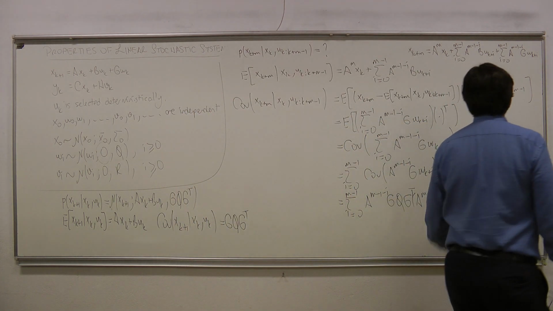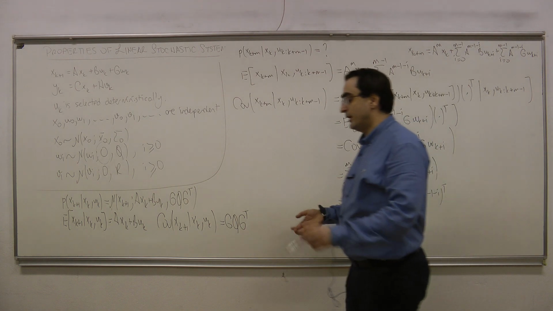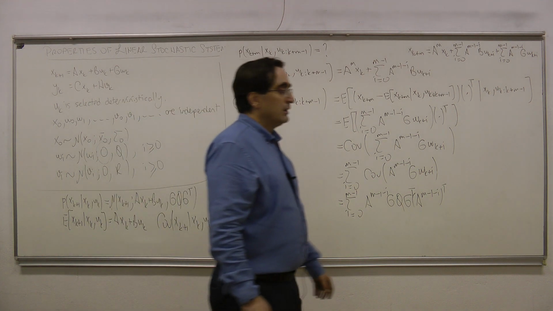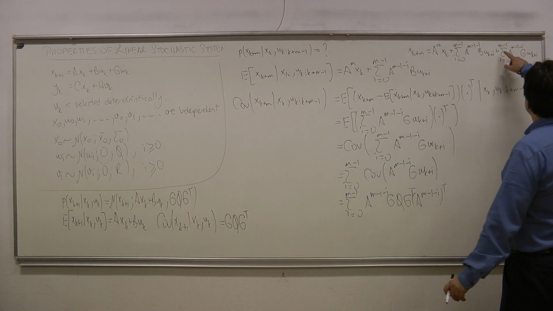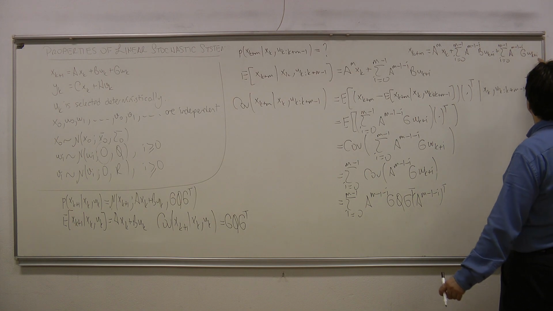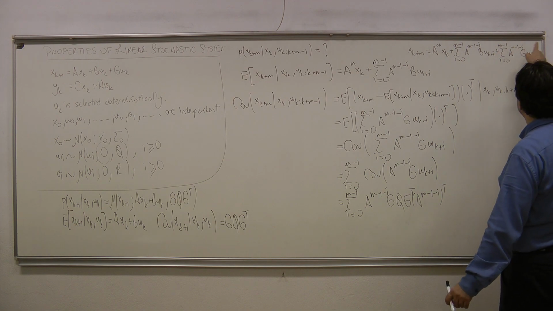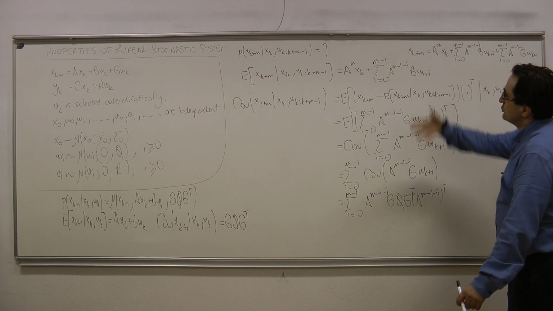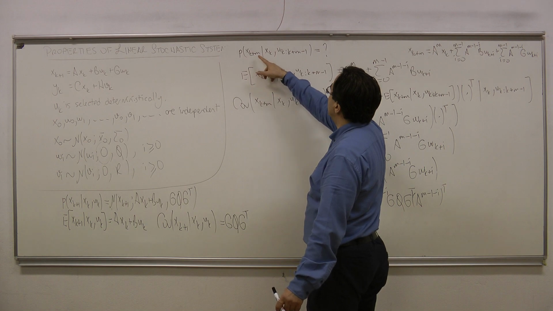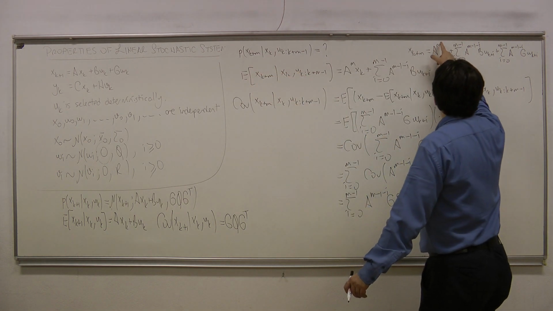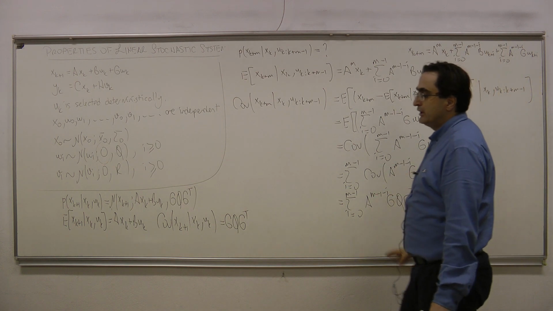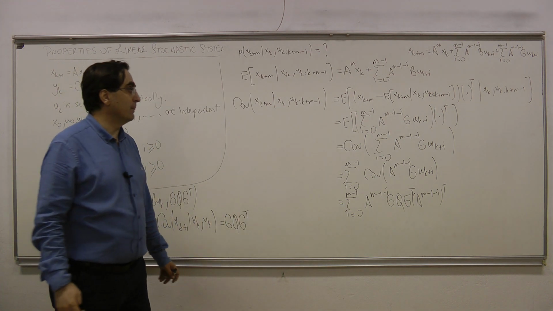If you do it the long way, if you calculate the CDF and then take the derivative to calculate the PDF here, you're going to see that it's going to be, again, Gaussian. So you're going to end up with the distribution of this summation of noise terms, which have zero mean and the covariance given with this expression, and then you will substitute x_{k+m} minus A^m x_k minus these terms into that distribution, and it's going to give you another Gaussian distribution.